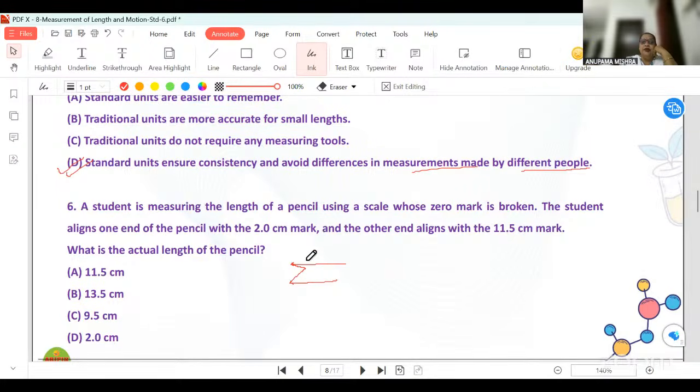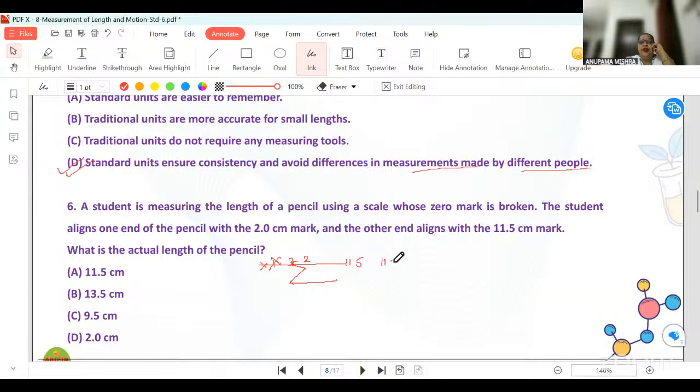From here, it is a 2. So what will be the answer? 11.5 centimeter you have taken. I told you that if you are starting from 2 here, you have to minus it.